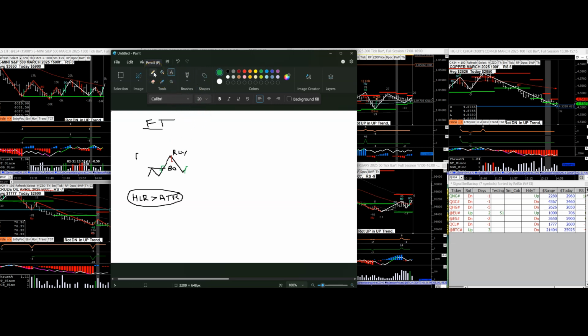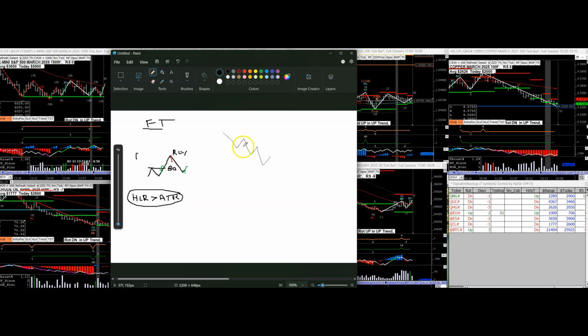Now, when you're trading with trend, that's the other factor. Now, why is that a factor? Because when you're trading with trend, the breakouts and the reversals, the amount of distance that comes after them depends on trend.